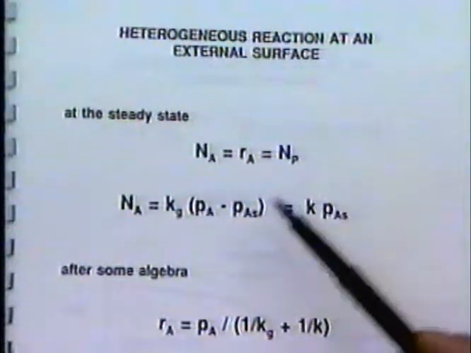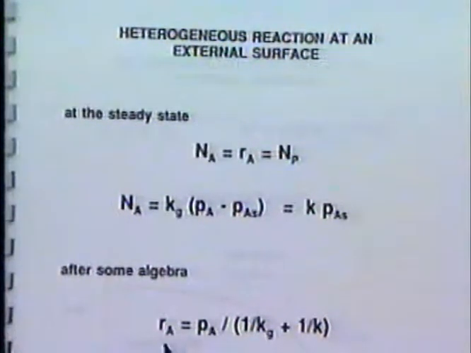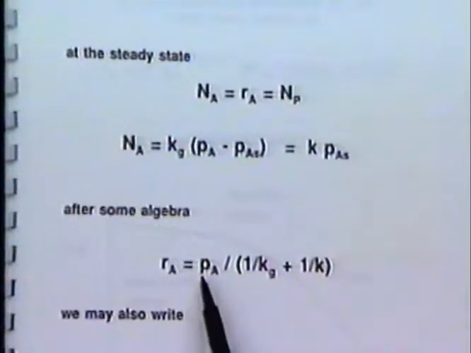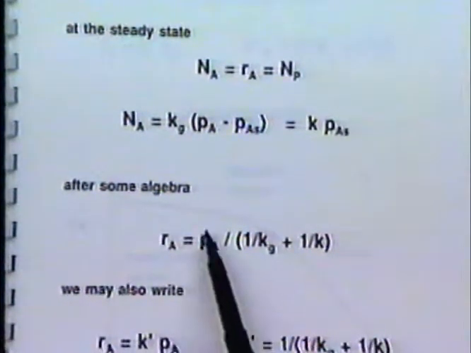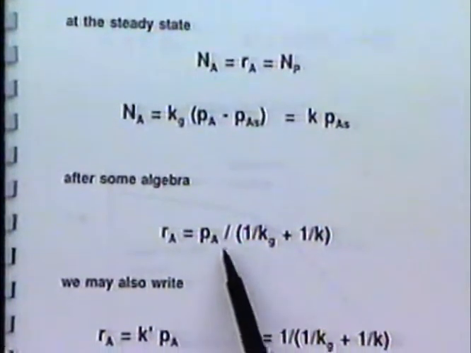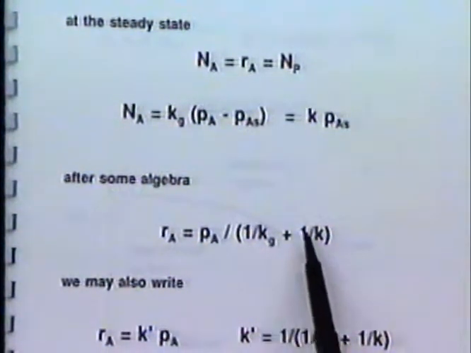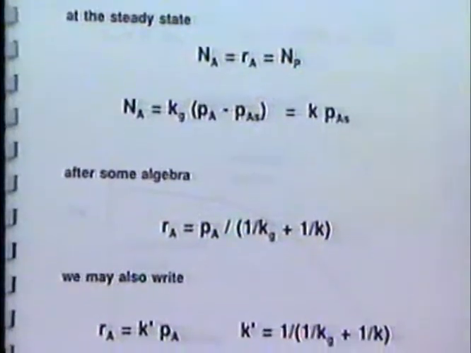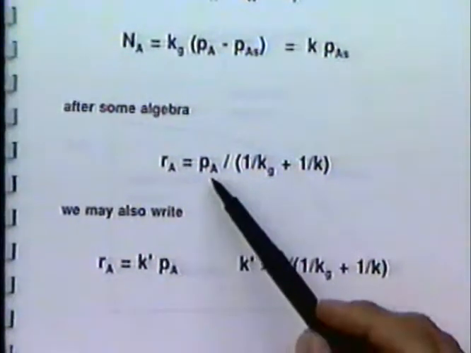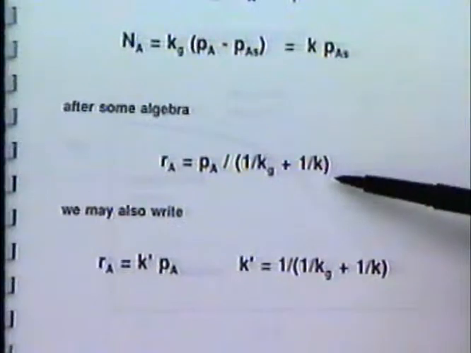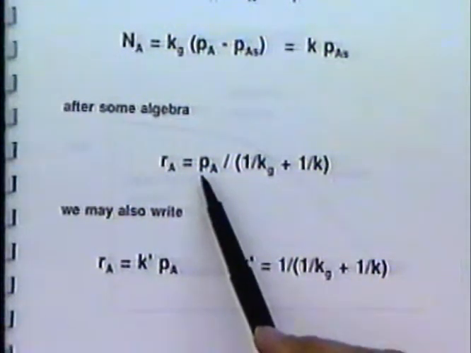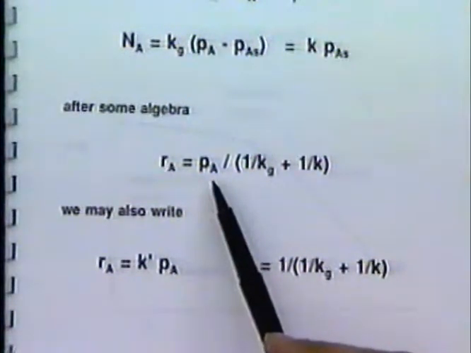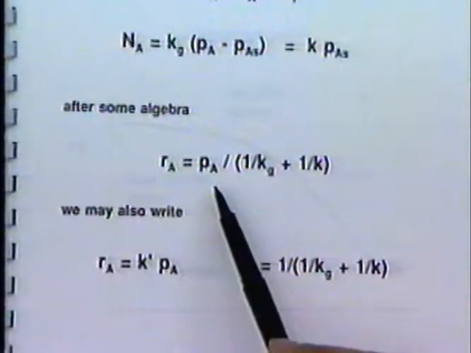And after some algebra on this expression, we can write that the rate will be equal to the partial pressure of A in the main gas flow, divided by 1 over Kg plus 1 over K. Now, we went through this algebra in order to get a rate expression as a function of the partial pressure of A in the main gas flow, because this is the partial pressure that we can easily measure.